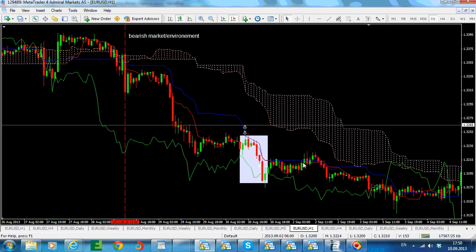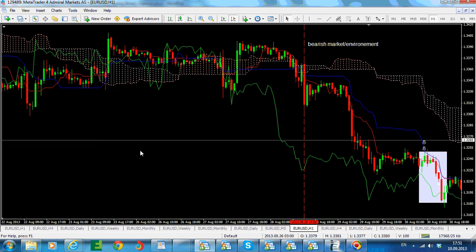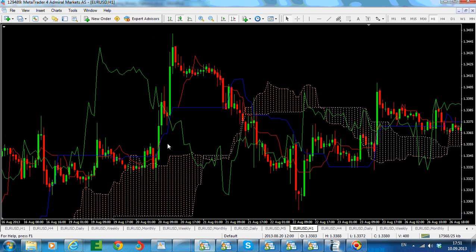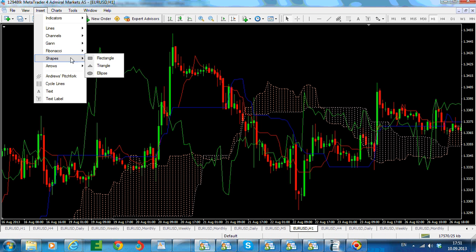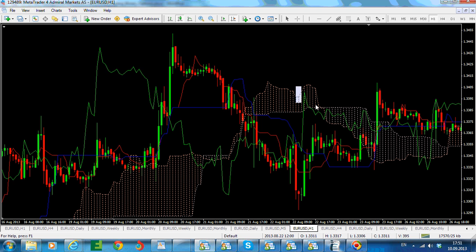Also look for Chikou to be rejected when testing the top of the cloud in a transitory cycle after a bullish market. So let's say that you have a bullish market here, so look for Chikou to be rejected after touching the top of the cloud here in a transitory cycle.